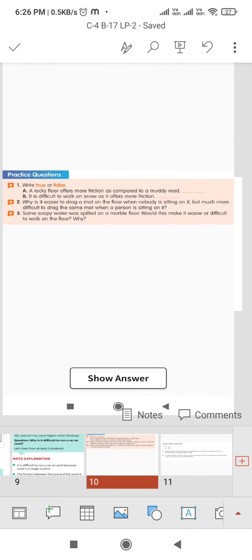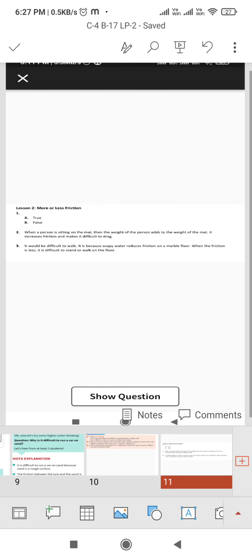Third question is, some soapy water was spilled on a marble floor. Would it make it easier or more difficult to walk on the floor, and why? As we spill the soapy solution on the floor, it will make the surface smooth. And we know that on a smooth surface there is less friction.